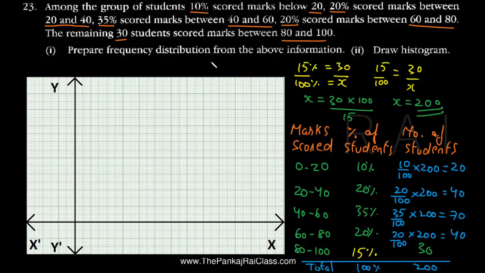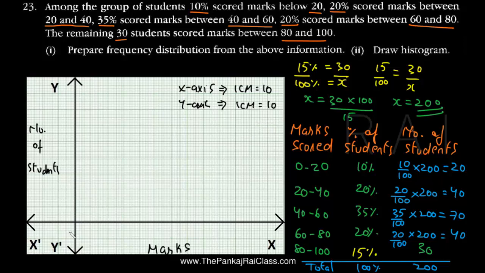So let us begin with that. On the x-axis, let us take marks scored, and on the y-axis let us take number of students. Let's say the scale on the x-axis is 1 centimeter equal to 10 marks, and on the y-axis the scale is 1 centimeter equal to 10 students.